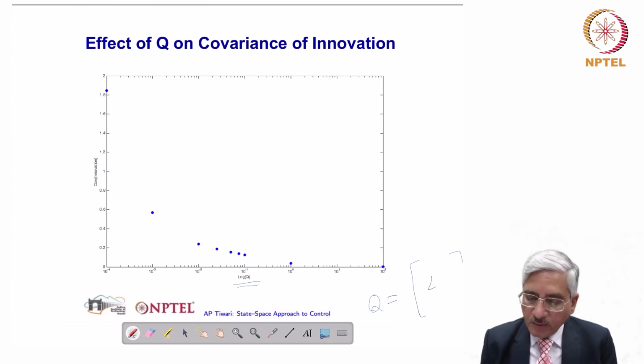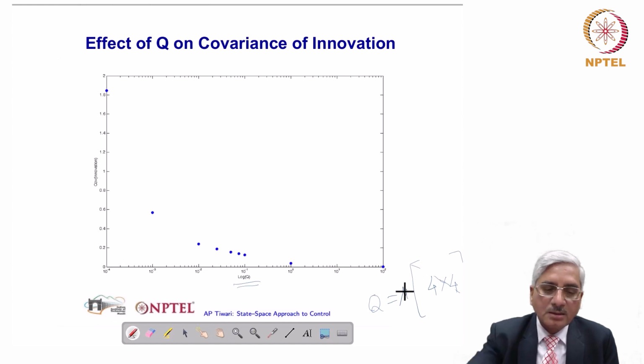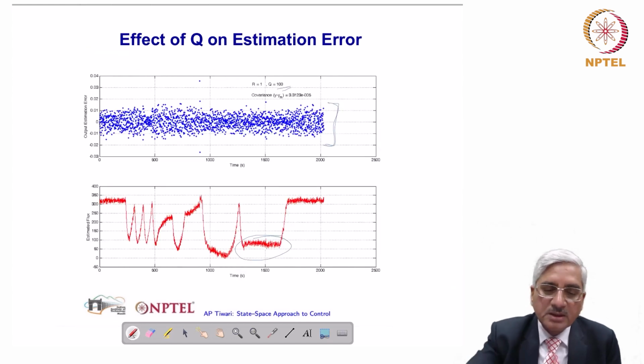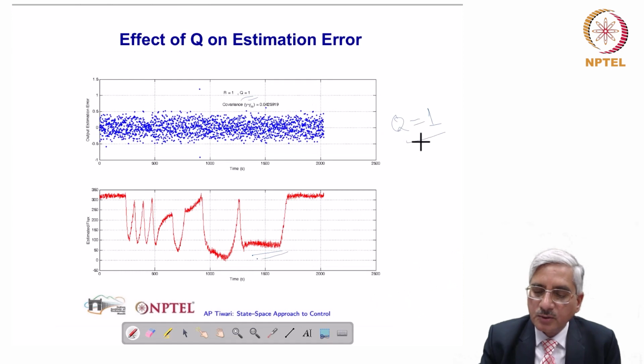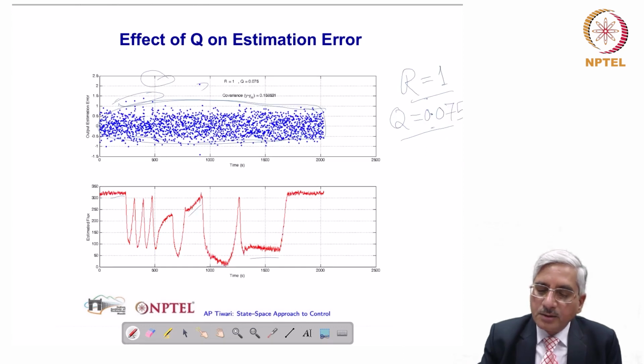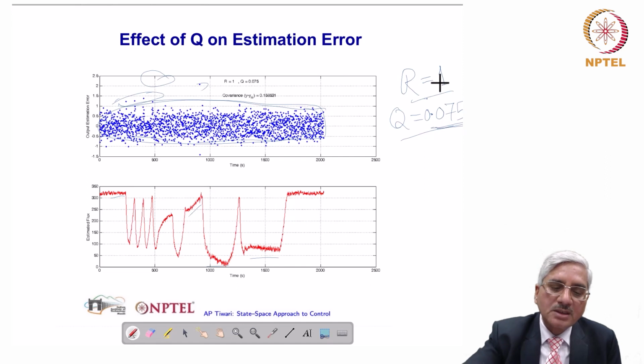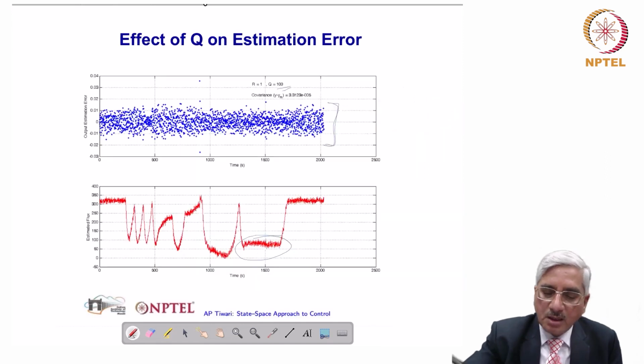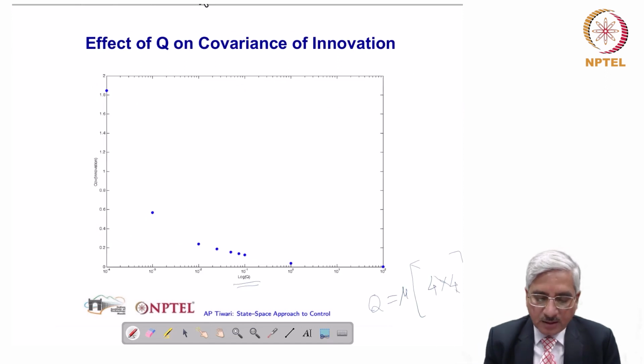So Q is a 4 by 4 matrix, and it was selected as identity times a multiplier mu. When we say that Q is 100 or Q is 1, then it is identity times that multiplier. This is 0.075 times identity. R of course is a scalar, so R is not a problem.